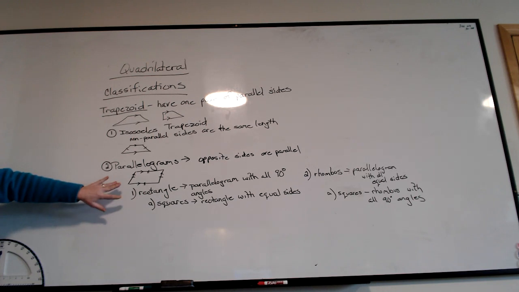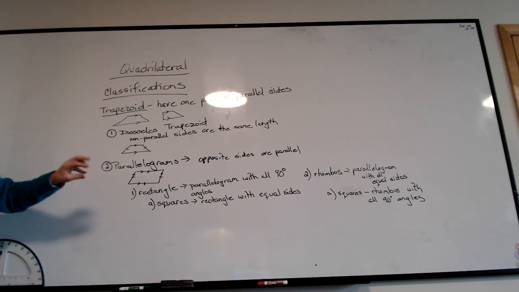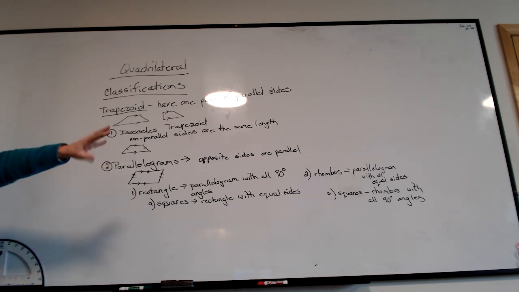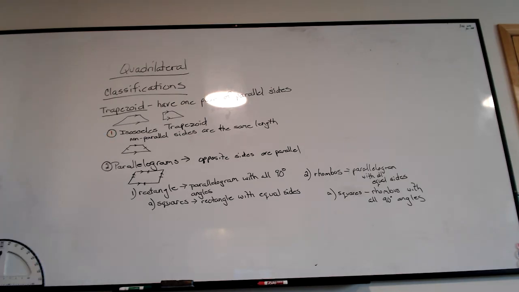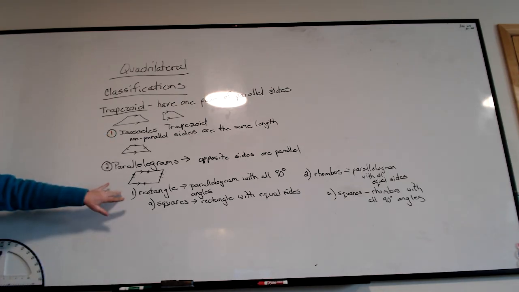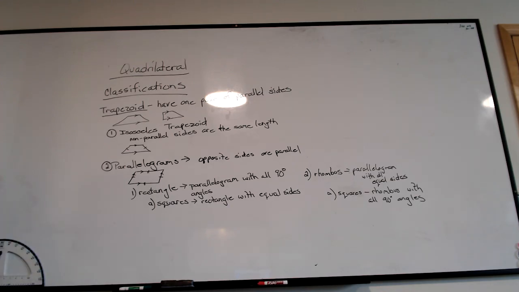And then the squares fit into both categories, the rectangle and the rhombus category, because they're rhombuses because they have equal sides, but they also have the 90-degree angles, which goes with the rectangle. So that's basically your classifications of quadrilaterals, all the different types of quadrilaterals.